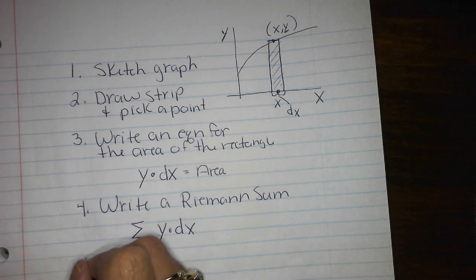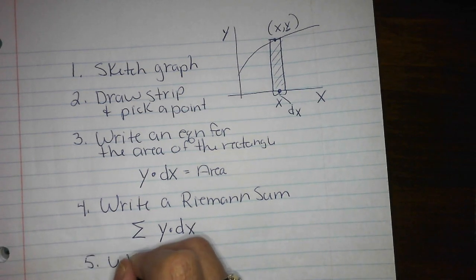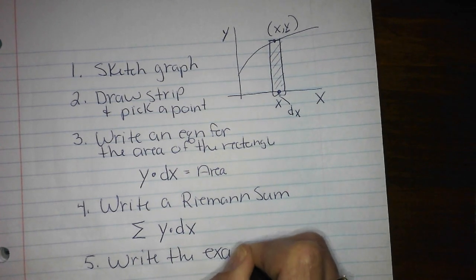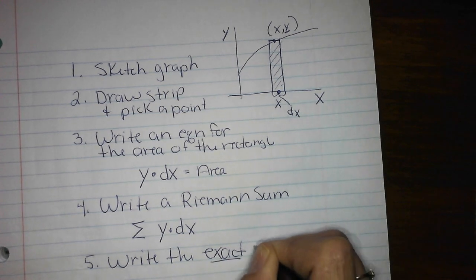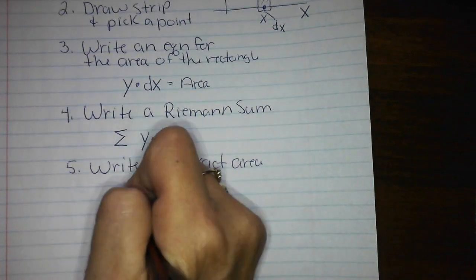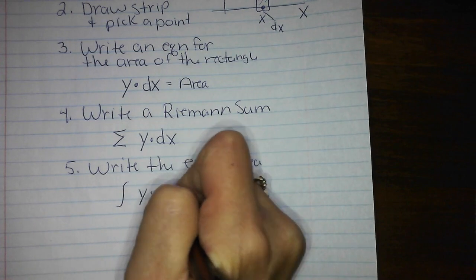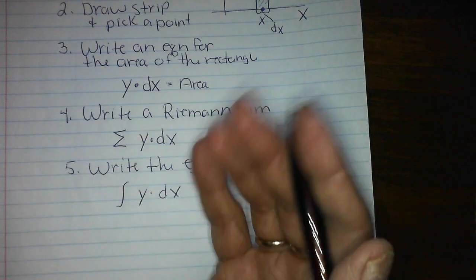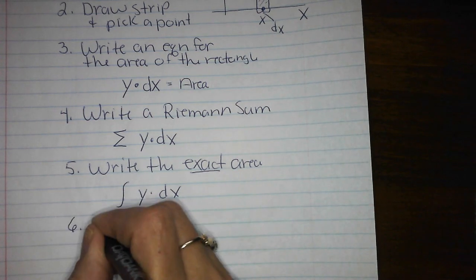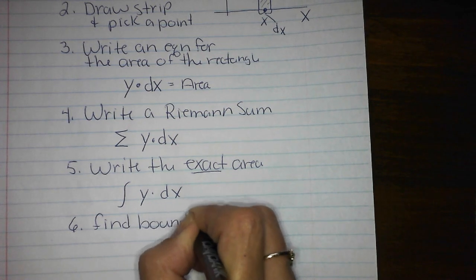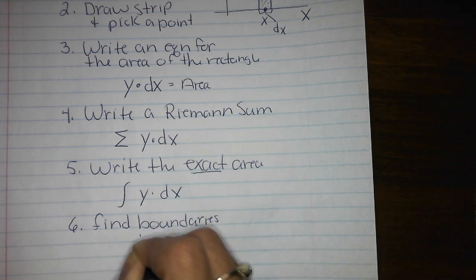Then your 5th step asks you to write the exact area, and that's just flipping out the summation for your integral. I should be using f of x here, but y is the same thing as f of x. Then somewhere in the problem, you're going to put the boundaries on, find boundaries for the question, and then start answering the questions.